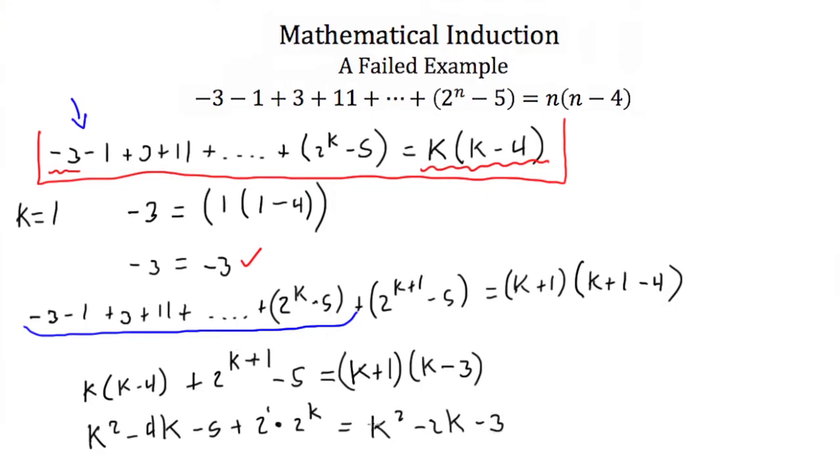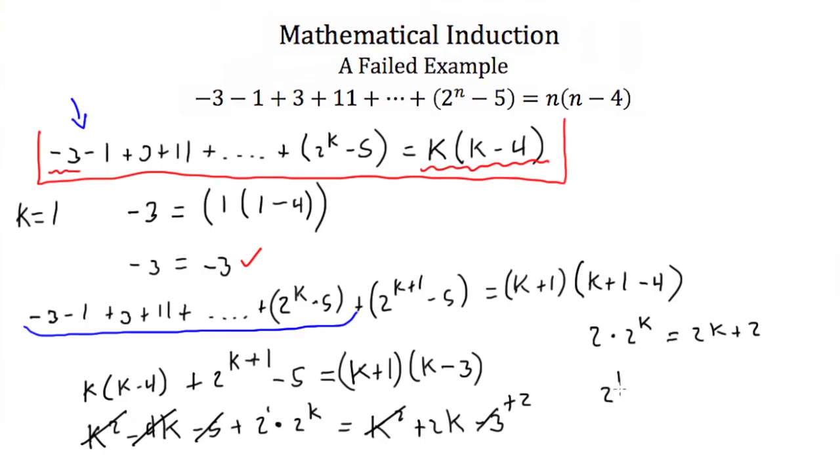If we subtract k squared from both sides, those will cancel. If I add 4k to both sides, that will cancel and this will become positive. And if I add 5 to both sides, that will go away and this will become positive 2. So I have 2 times 2 to the k power is equal to 2k plus 2.